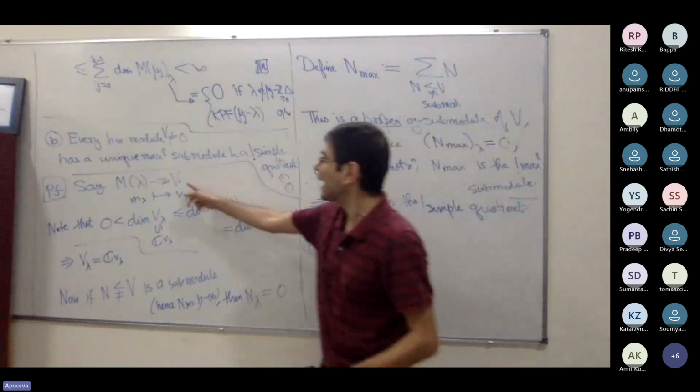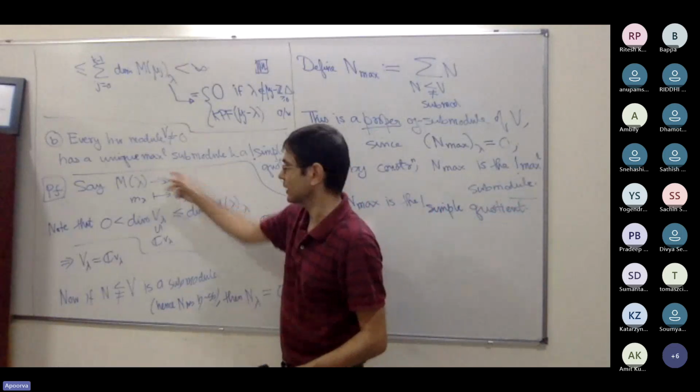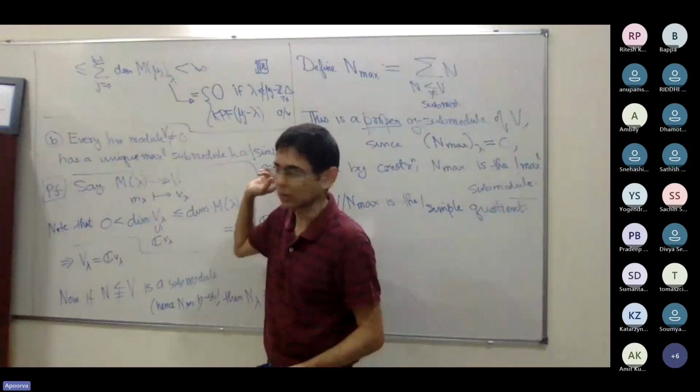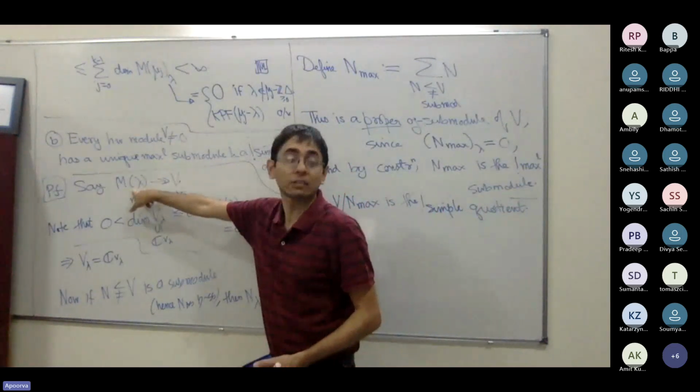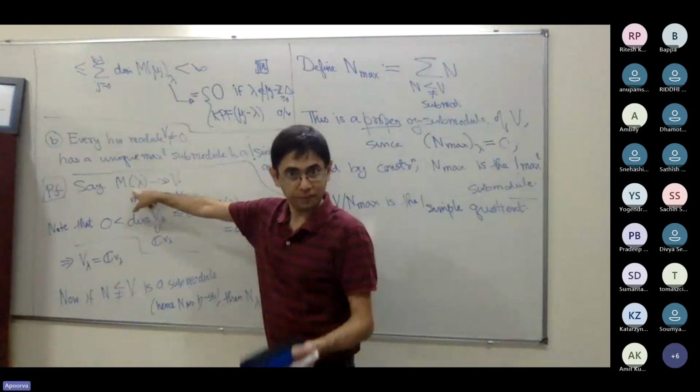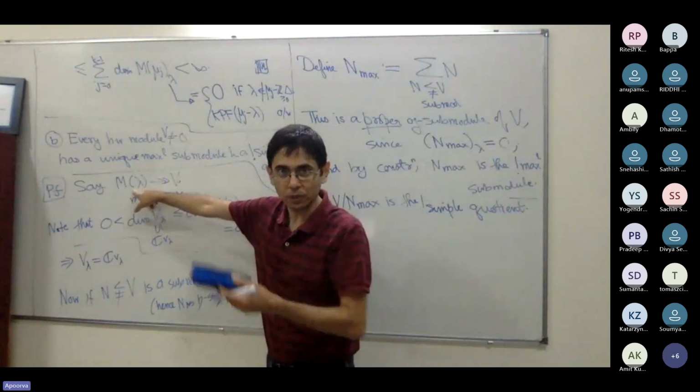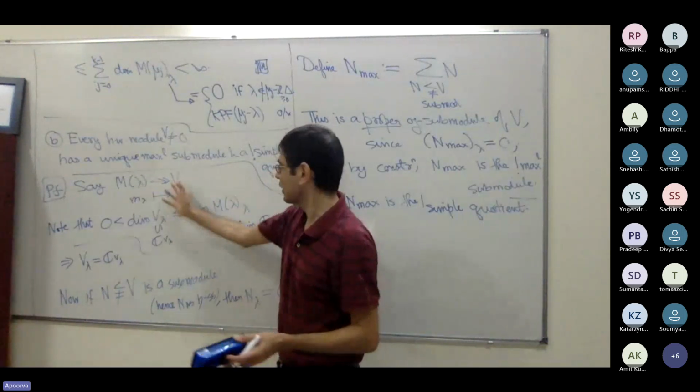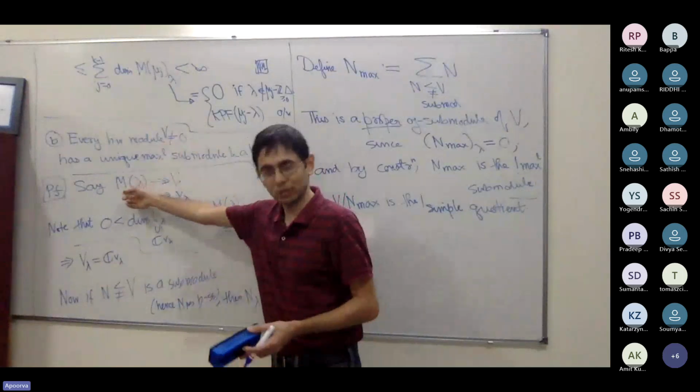The point is I start with any highest weight module of highest weight lambda, I get some unique simple quotient. Maybe I could have started with a different highest weight module. Would I get a different simple quotient of that highest weight module? And the answer is no, because every submodule here lifts to a submodule there.